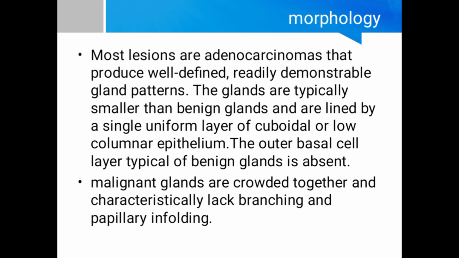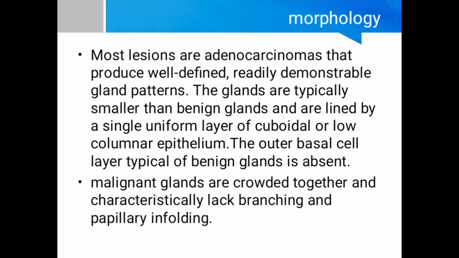Okay, the adenocarcinoma glands will be smaller than benign glands and are lined by a single uniform layer of cuboidal or low columnar epithelium. Usually the prostate, we said before, has two epithelial layers, right? In adenocarcinoma there will be just one single uniform layer of the epithelium. The outer basal cell layer, typical of benign glands, is absent.